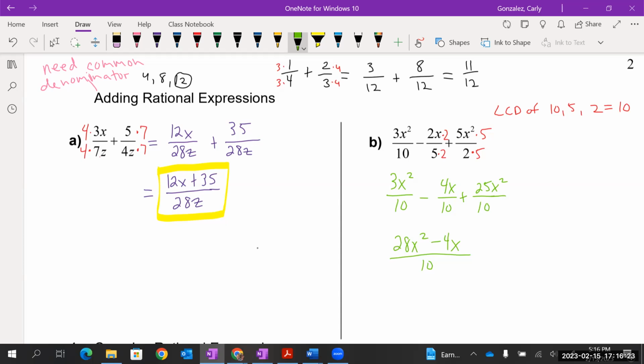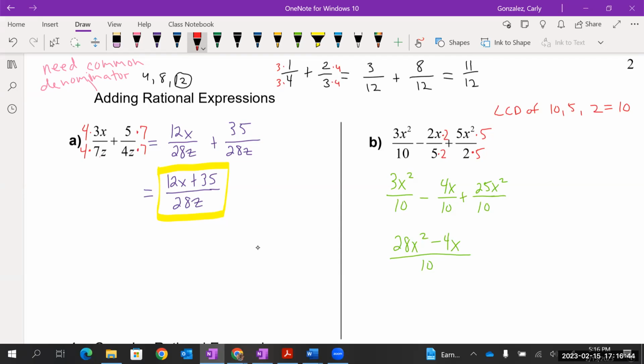So now we notice that 28, 4, and 10 can all be reduced by 2. So the shortcut would be, as long as every single quantity can be reduced by the same number, we could do that.